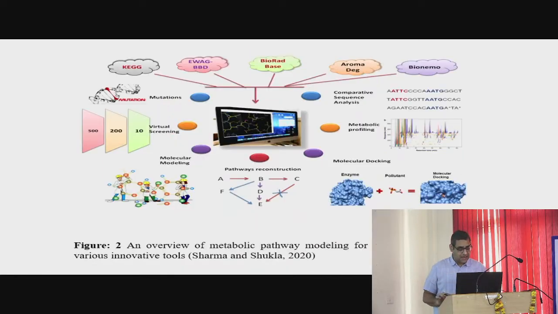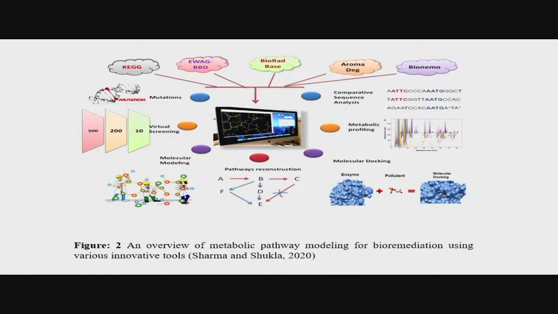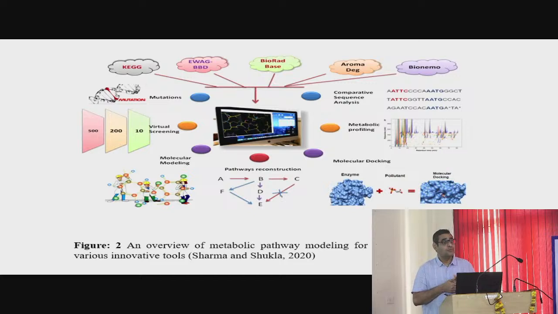Then if you see this slide, it also gives you the various software and databases which are used, to understand this concept in a better way. So you see it is not only for drug discovery, it is for other aspects also. Like in drug discovery, one thing is coming, ARG, you know about ARG, AMR, antimicrobial resistance, that is also a global threat.